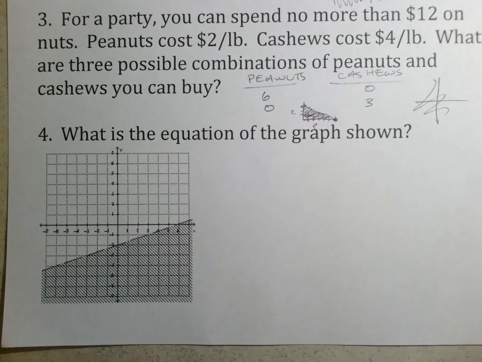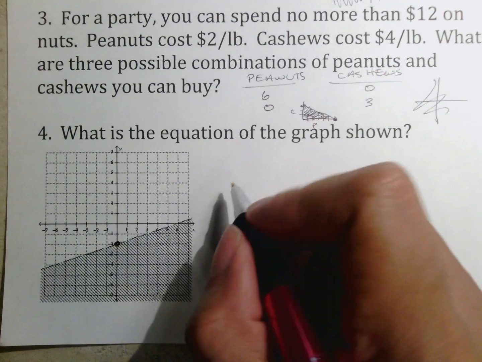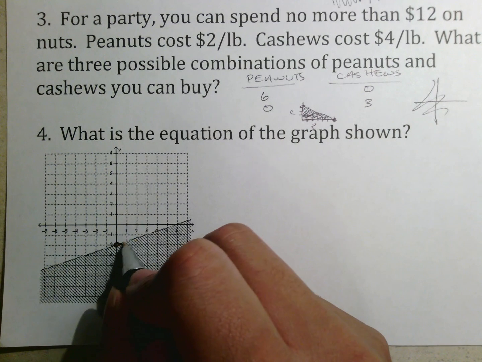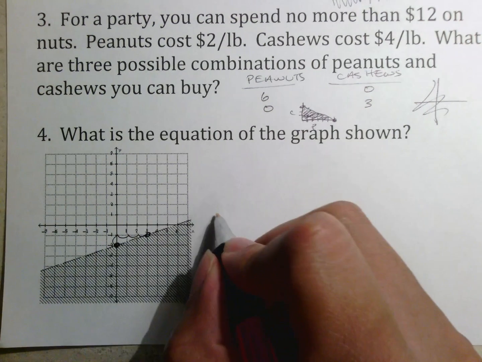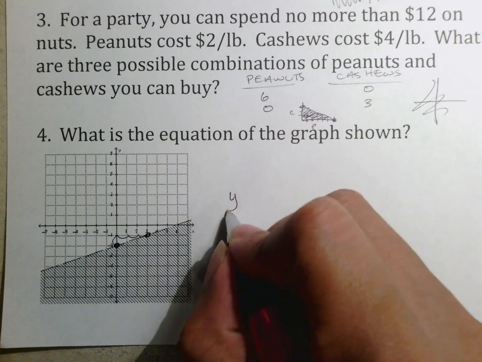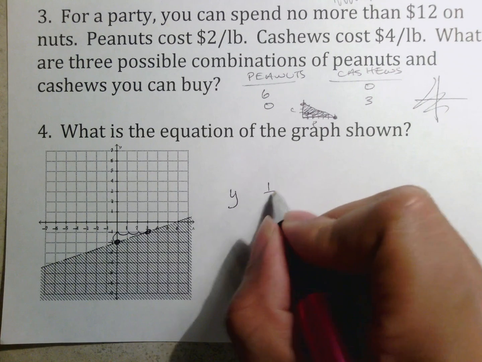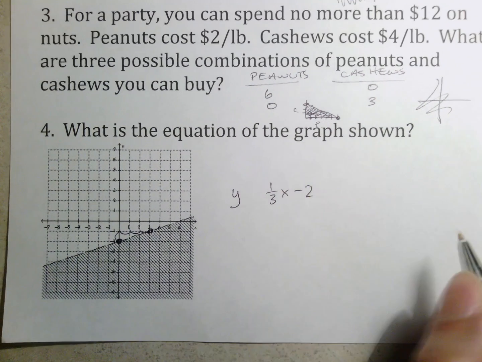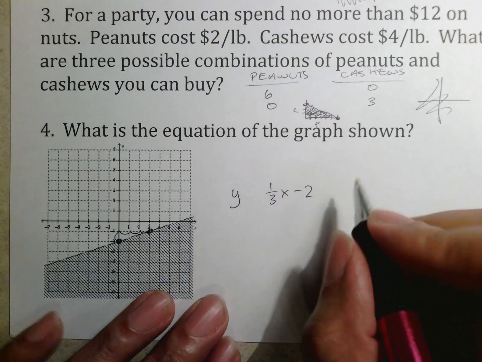And then number 4, when they wanted the equation, the first thing you recognize is that your y-intercept is -2 and that you have to find a slope. When you looked at this, you saw your second point here, which made a slope of 1/3. So you're looking at y, I don't know what the symbol is yet, but we'll see, and then you have 1/3 x minus 2. Now we know that (0, 0) should be false, so we need to do a little bit of work.